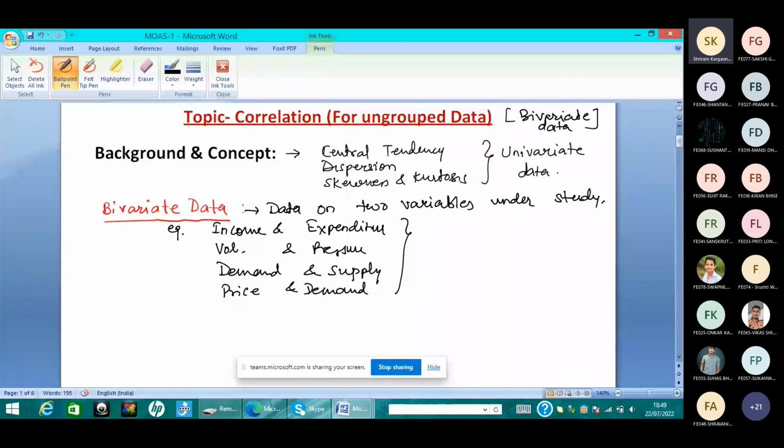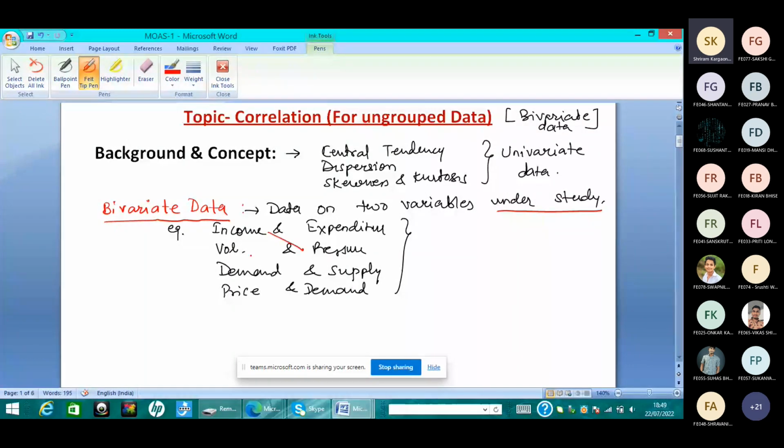So what is the definition of bivariate data? Whenever you collect data on two variables under study, such data is bivariate data. You can understand why we have included the words under study, because income and supply may not have any relation, or income and pressure.